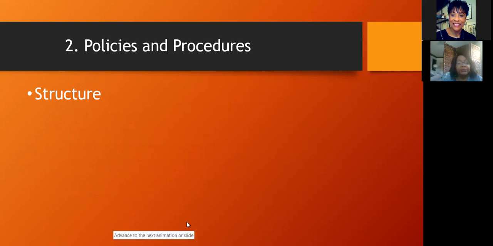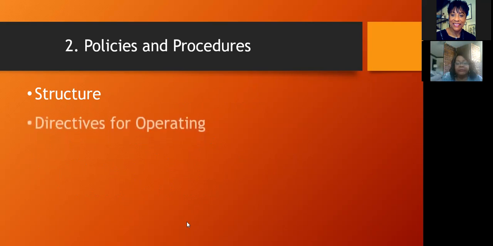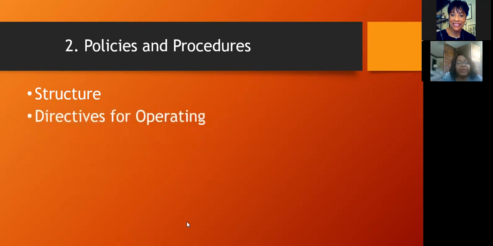The next factor that we want to take a look at is your directives for operating. And so what does that look like? In your policies and procedures, you want to take a look at outreach and recruitment. You want to take a look at job readiness. How about workshops, training, and retraining?